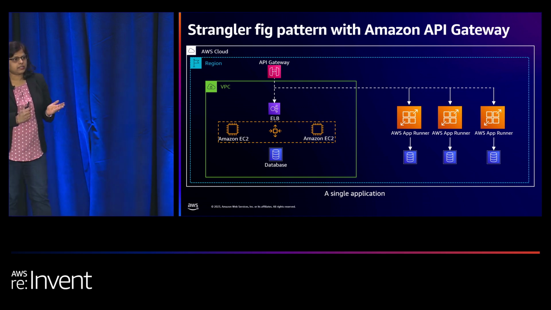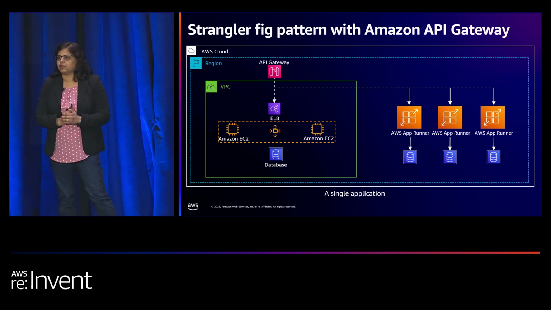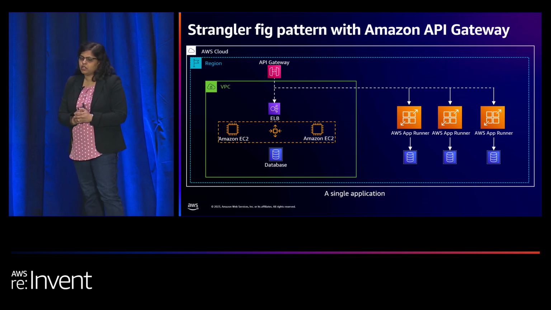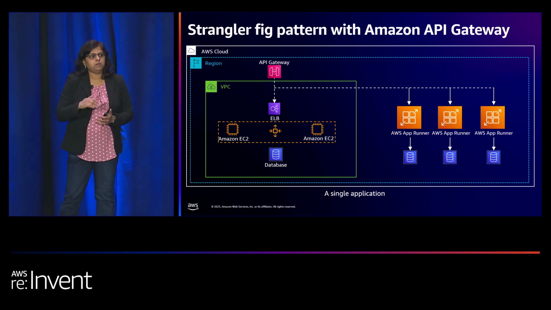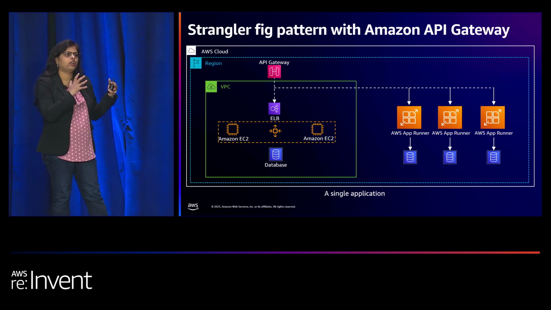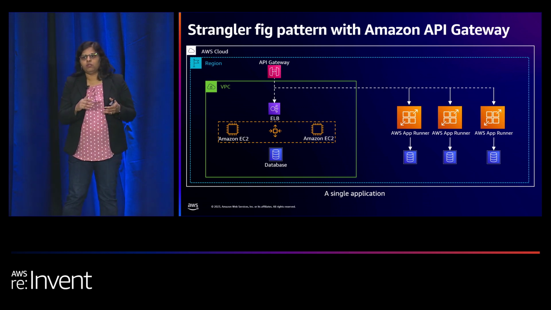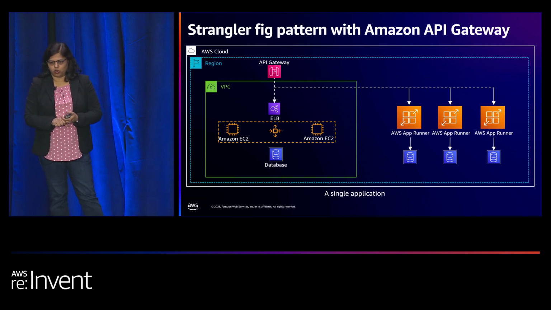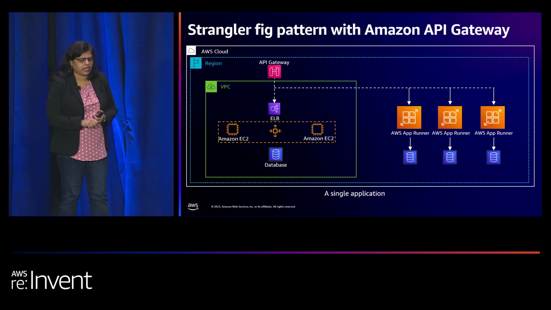For this, we recommend a pattern called the Strangler Fig pattern from Martin Fowler, in which you incrementally move parts of your application to the new system. So you still have your monolith, however, you incrementally move parts of it to run on the side of the monolith, thus incrementally refactoring and modernizing your application.